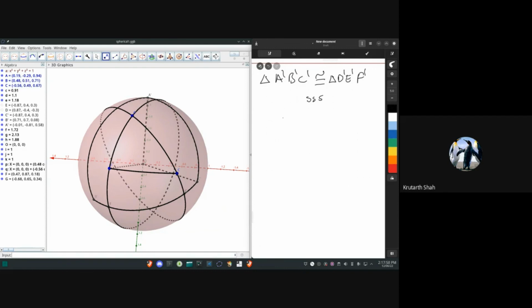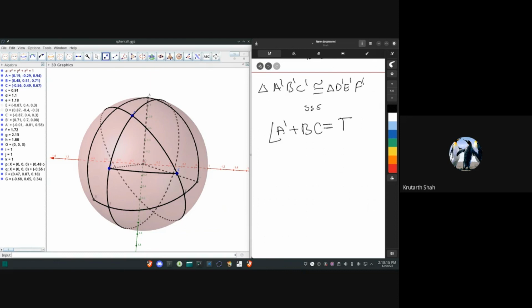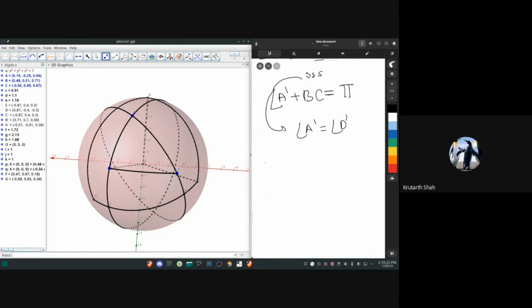But now we also know that the polar triangle of A'B'C' is ABC, right? So we also have this. And since they're congruent, we have that angle A' equals angle D'. It's the same idea as before.